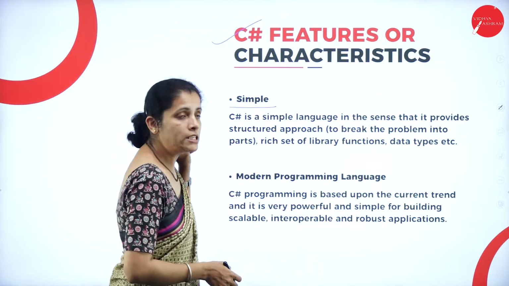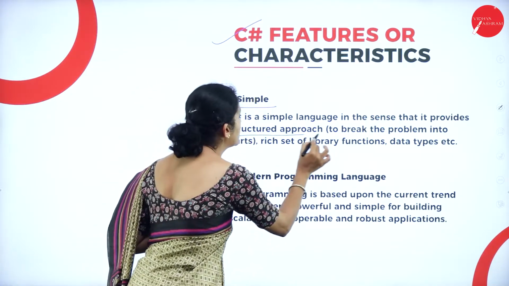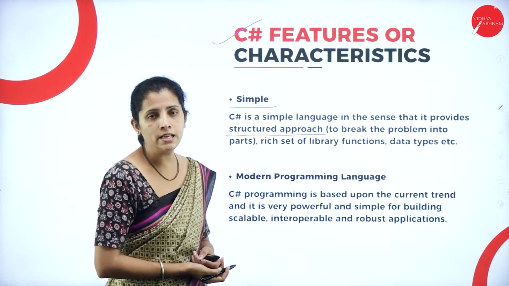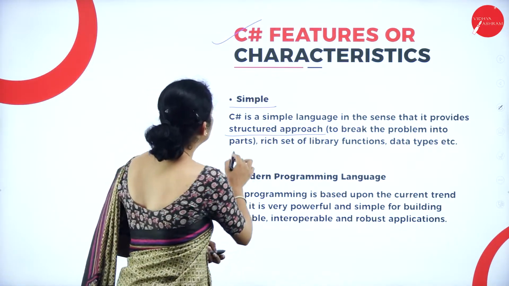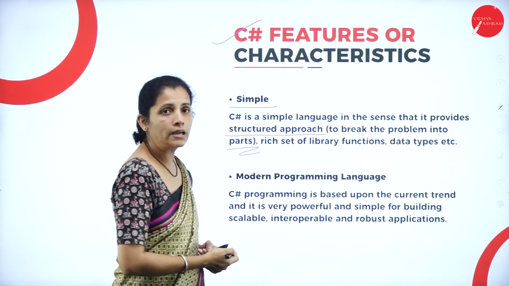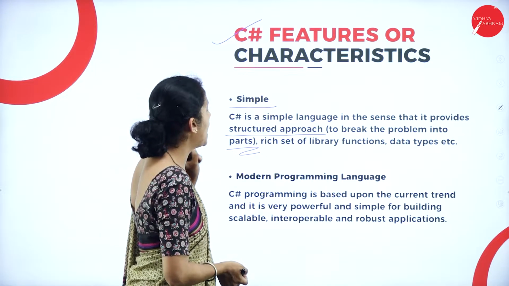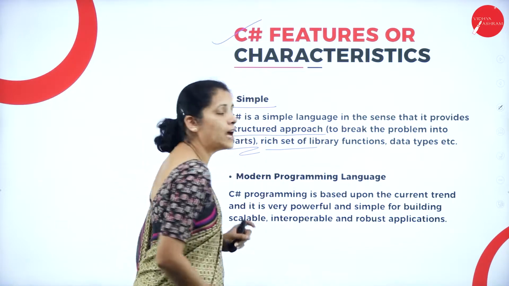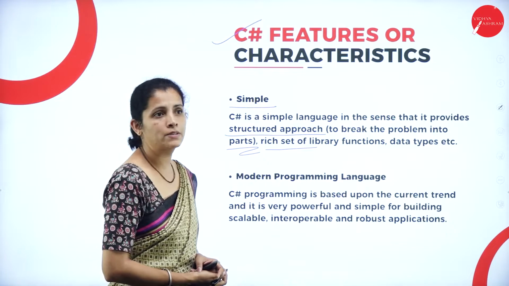So here it supports structured programming or a structured approach. That means breaking the problem into smaller parts. Along with that, a C# program has a rich set of library functions along with data types.